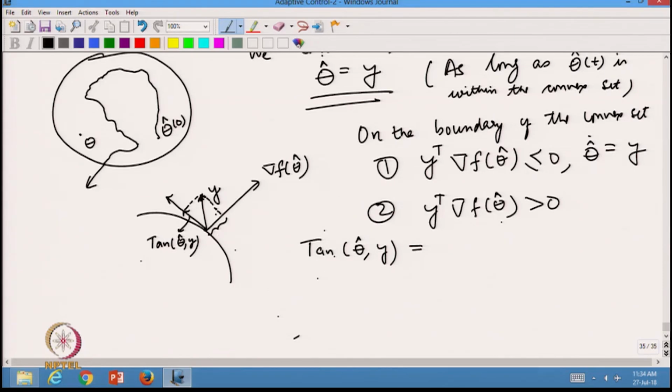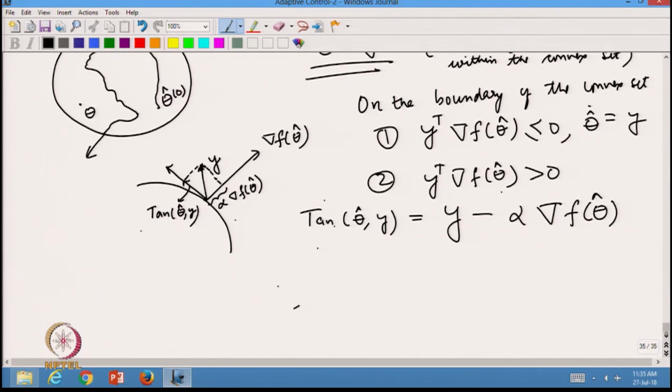So this is some multiple, some factor of this gradient. So let's call that factor alpha times gradient of f of theta hat. Okay, so we can say that this tangent vector is y minus alpha gradient of f of theta hat.